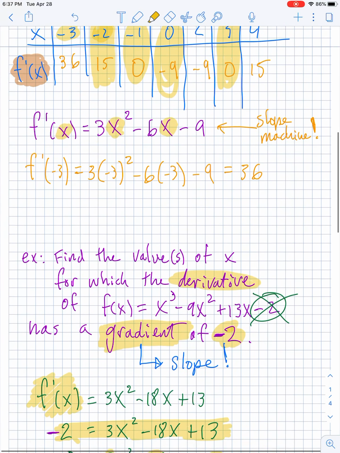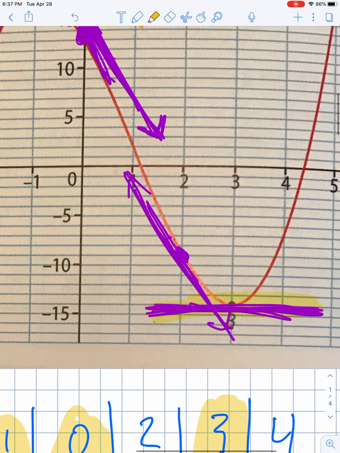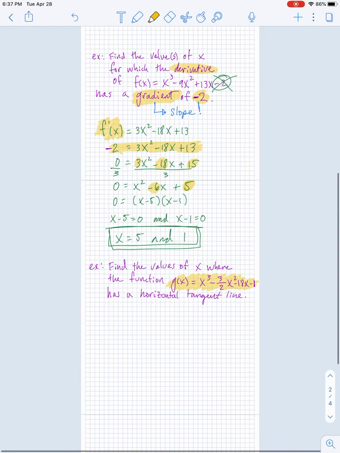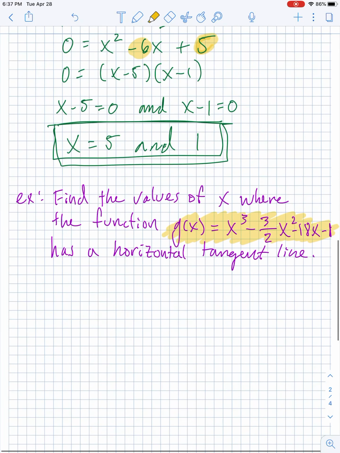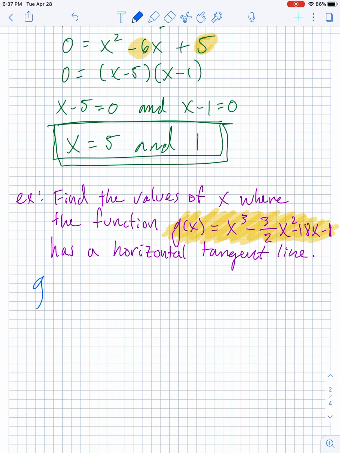Now, let's go back to our problem. You guys, the slope of that line is 0, which means that the slope machine spits out a 0 at those points. So we need to figure out when the derivative of this is equal to 0. First step, pop the derivative.